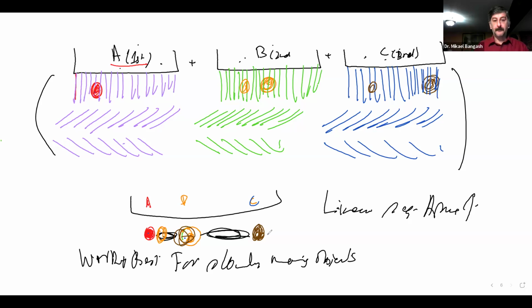But the bottom line to remember is that temporal compounding is going to be from the same angle, just at different times. Right. So let's say something is right in front of me.